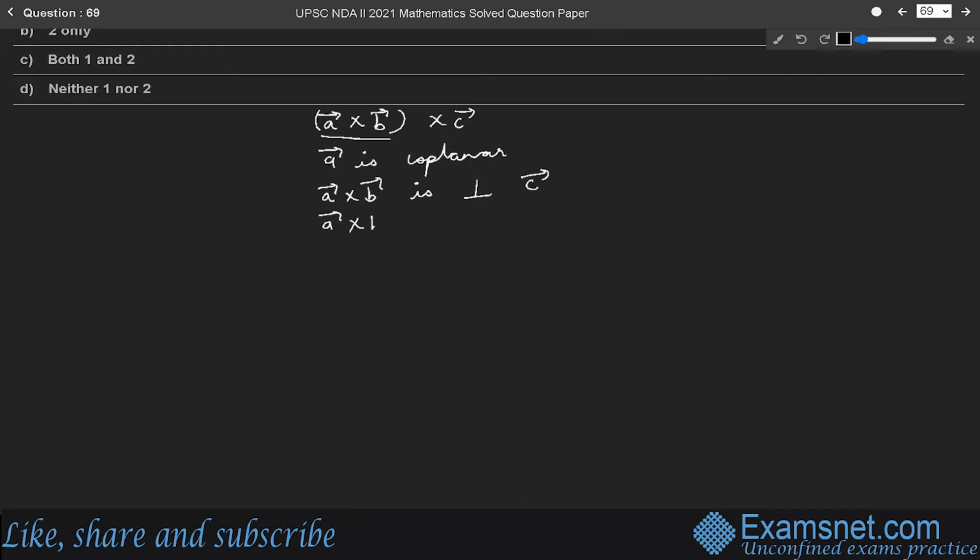Also, A vector cross B vector is perpendicular to both C vector and A vector, and it is also coplanar with B vector.